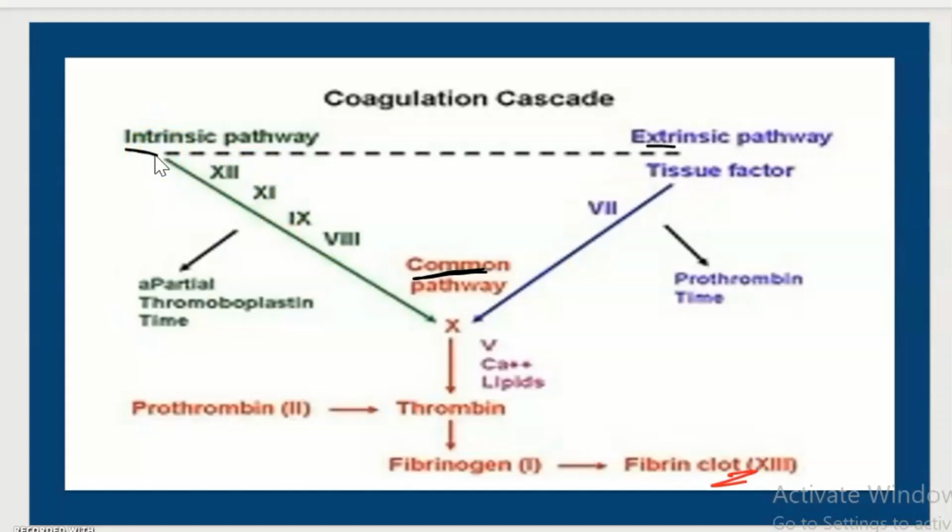So here is my trick to remember the clotting factors of intrinsic pathway. Learn a line: if you can't sell a watch of $12, try to sell it of $11.98.